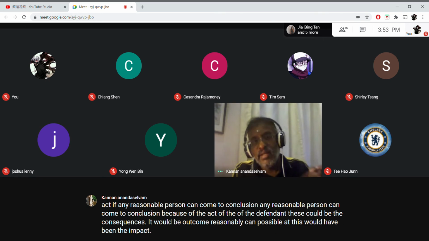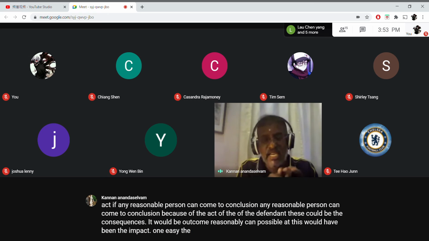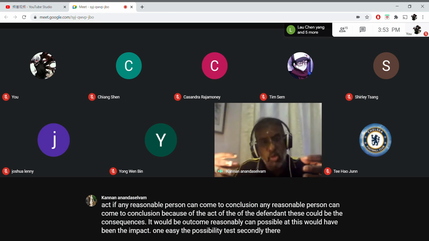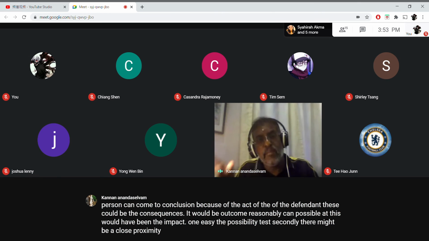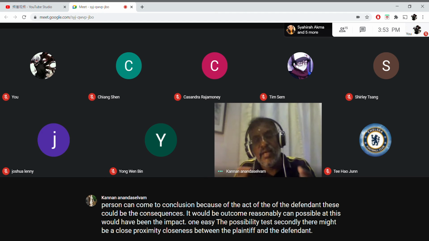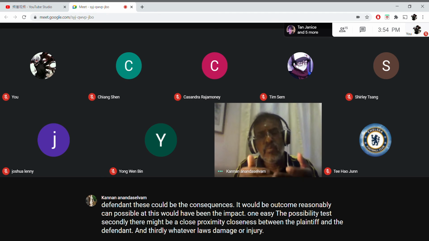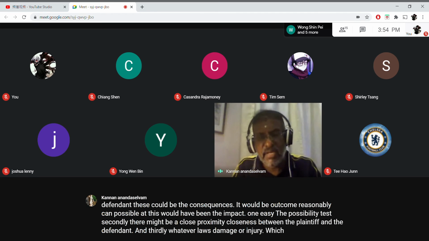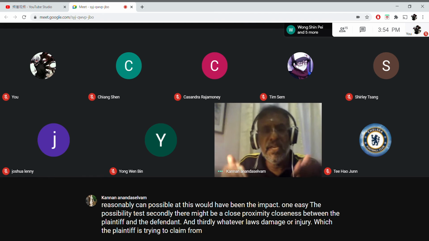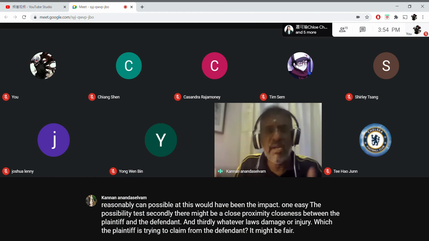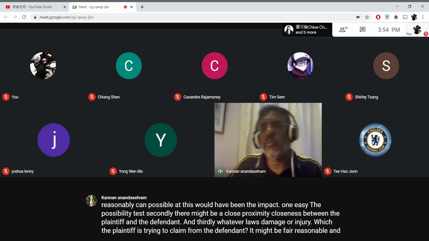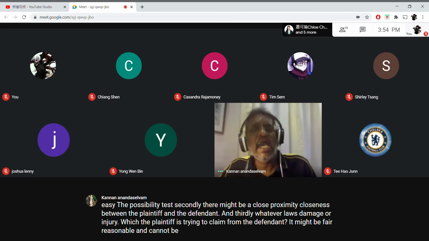That is the possibility test. Secondly, there must be a close proximity, closeness between the plaintiff and the defendant. And thirdly, whatever loss, damage, or injury the plaintiff is trying to claim from the defendant must be fair, reasonable, and just. It cannot be too high a claim.